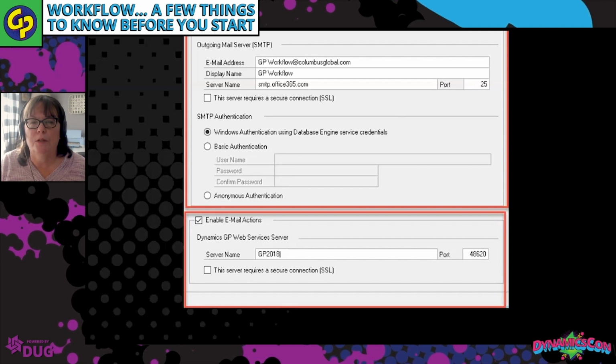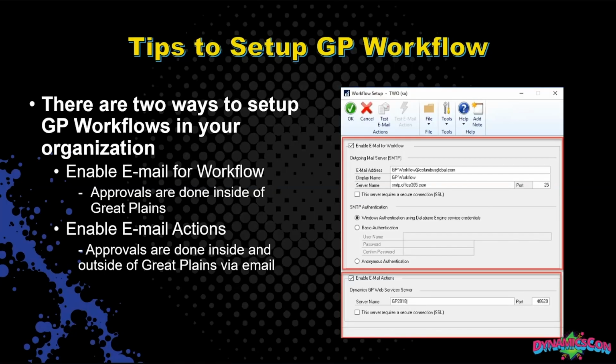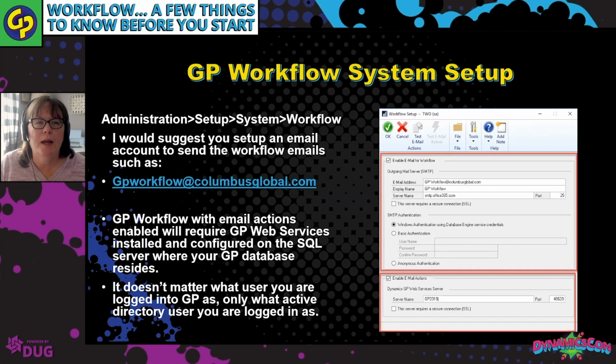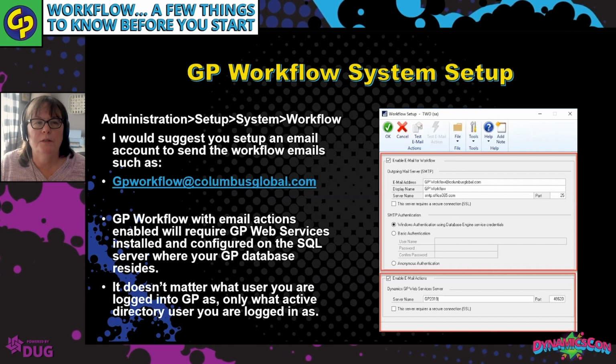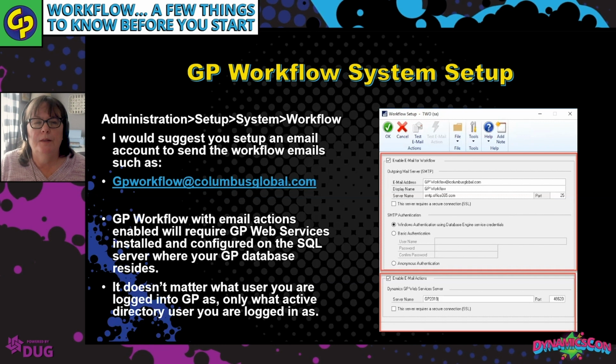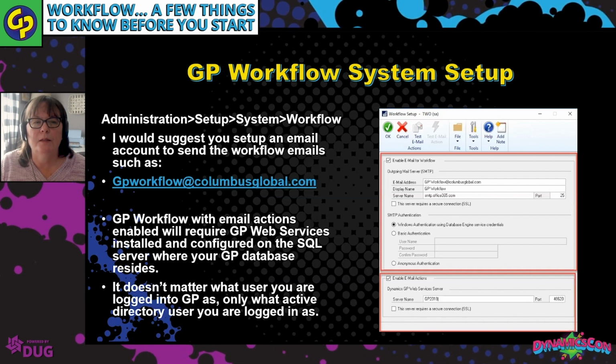So if you're using Office 365 or Exchange, the user can simply open up their email. They'll have options to approve from there. You can access this window by going to Administration, Setup, System Workflow. This is where I would suggest you set up an email address that is specifically for the GP workflow.